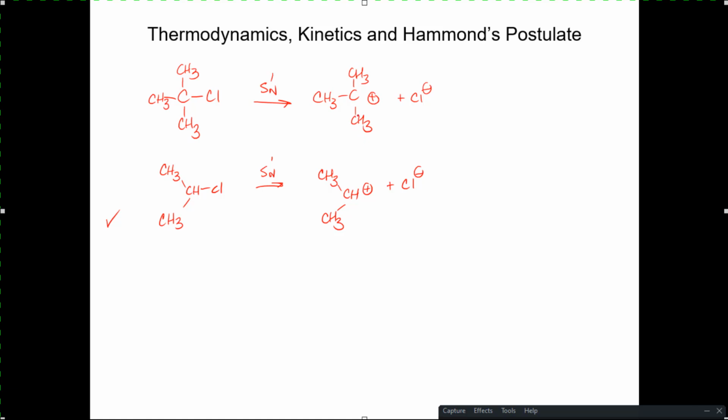Well, before I give you the answer, let's talk about how to approach this. We're going to have to connect thermodynamics and kinetics. Now, normally that's not done.